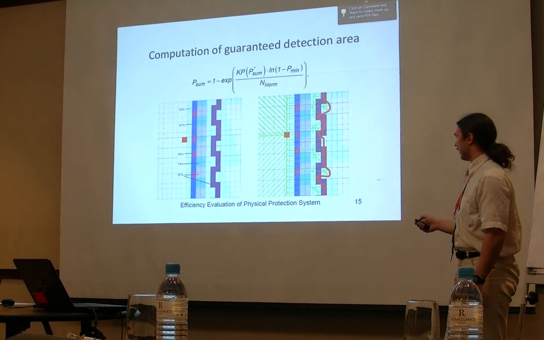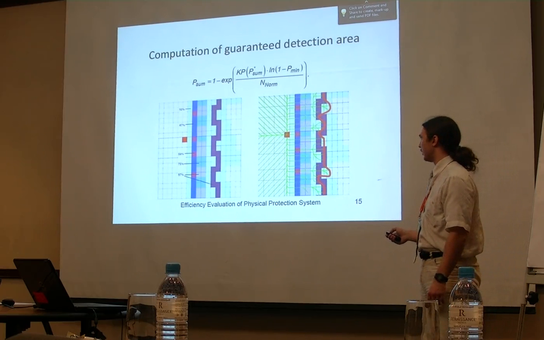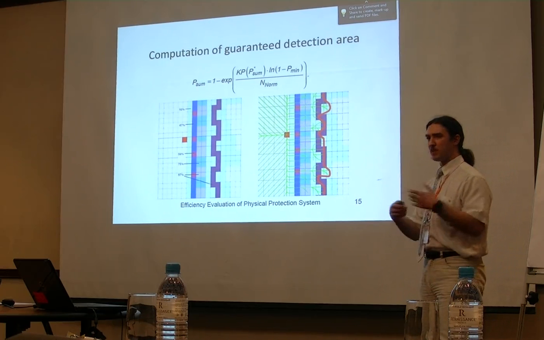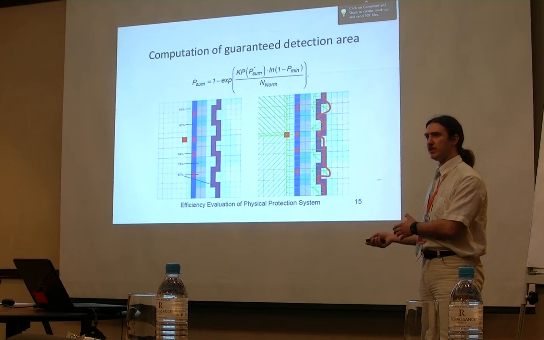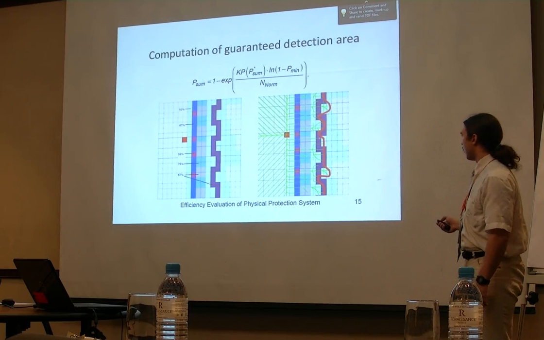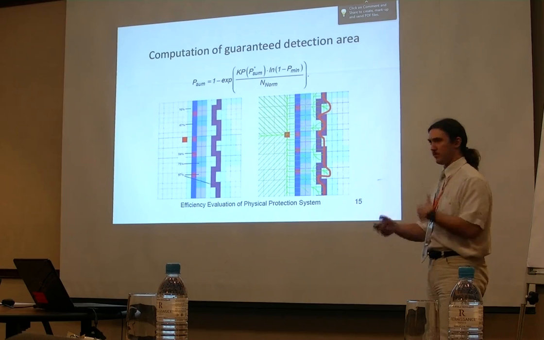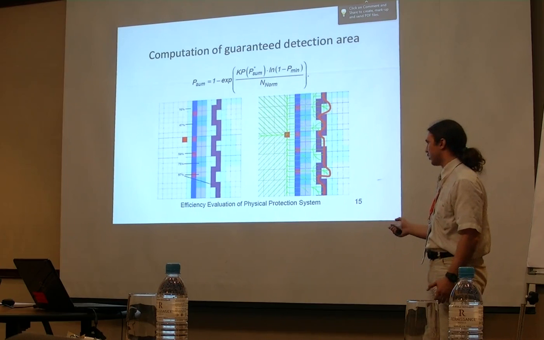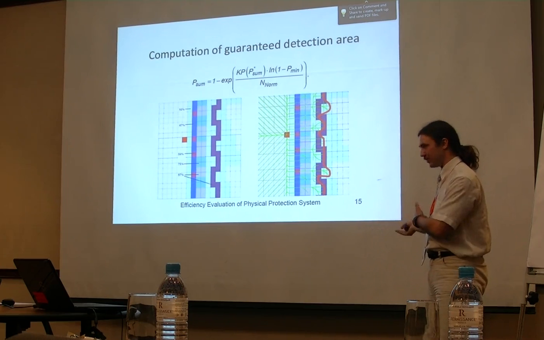Here different color squares represent not delay time like in previous figures, but detection probability. Using the wave propagation algorithm, but with logarithmic probability instead of delay time, we can find squares where the intruder is detected with a predefined probability. Because we are moving from one square to another, we just add more logarithmic detection probability.